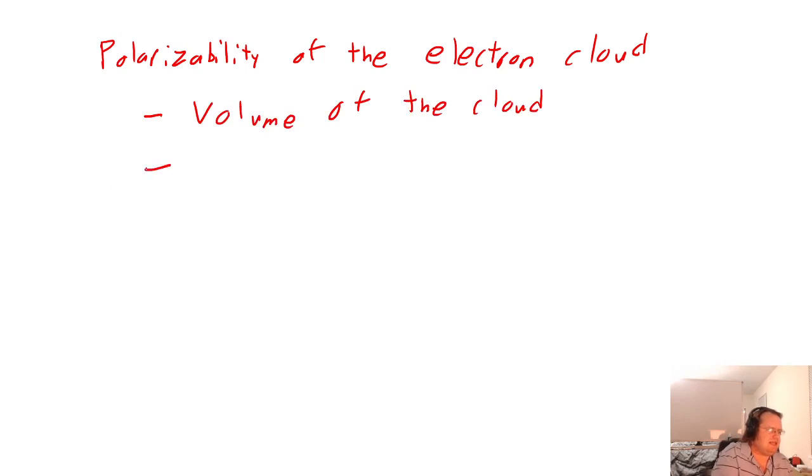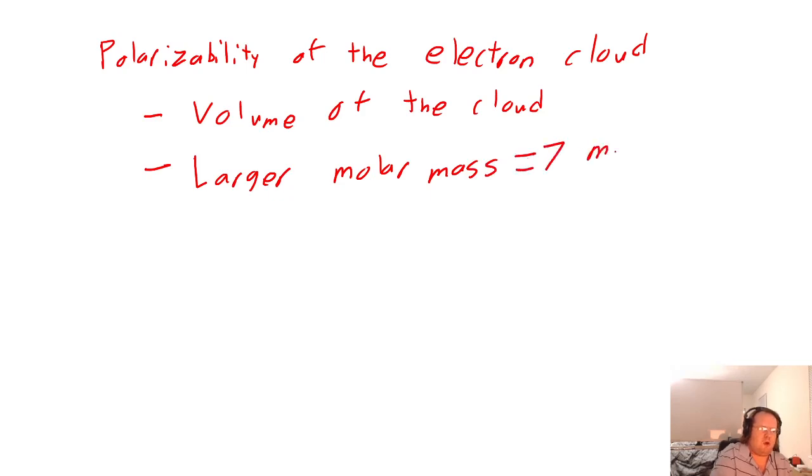The easiest way to see this practically is to look for molecules that have larger molar masses. If a molecule has a larger molar mass, it's going to have more electrons, which is going to lead to an increased volume of the cloud, which means it's more polarizable.